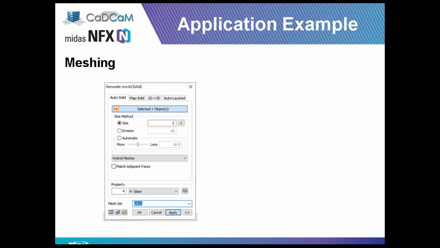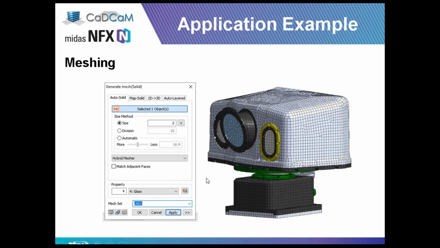In the meshing paragraph, we not only define the hybrid mesh, for example, which includes hexahedral, tetrahedral, and pyramid elements. We also define the material of the part that we mesh, and the material of all the parts will be defined during this stage.